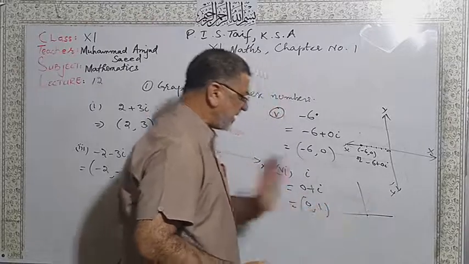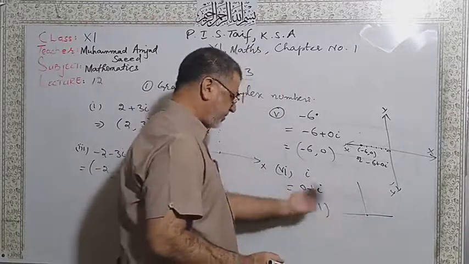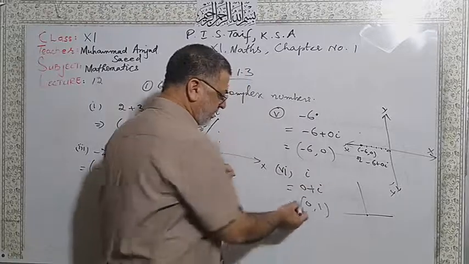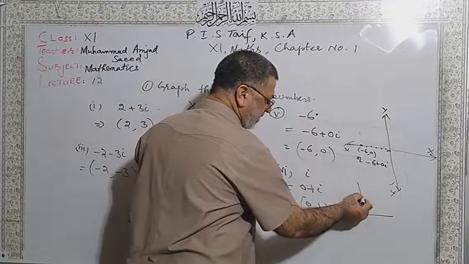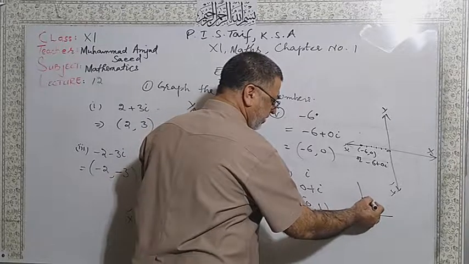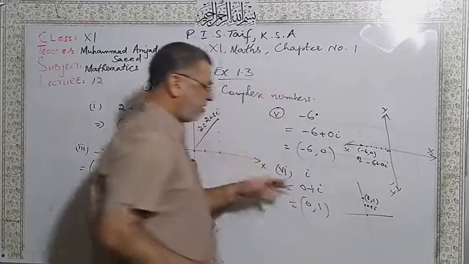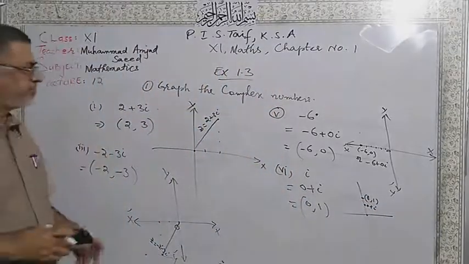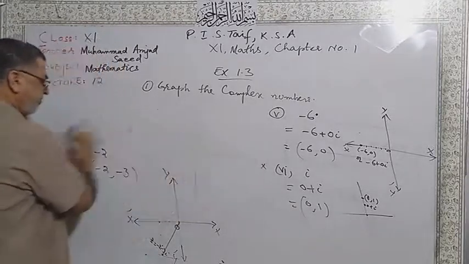Don't move towards right or left, because if you move towards right, x will be positive, towards left, that will be negative. 0 at the origin, and 1 is y. From here, this is y. So this is 0 and 1. 0 plus iota, that is your complex number. I hope that you got the idea.